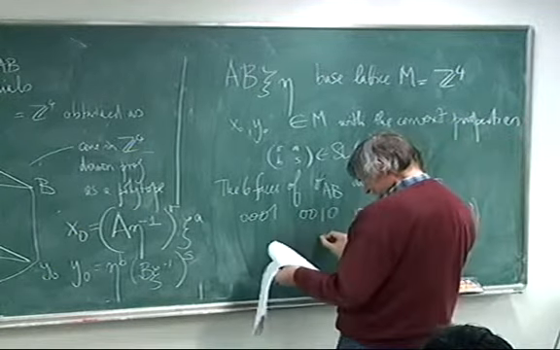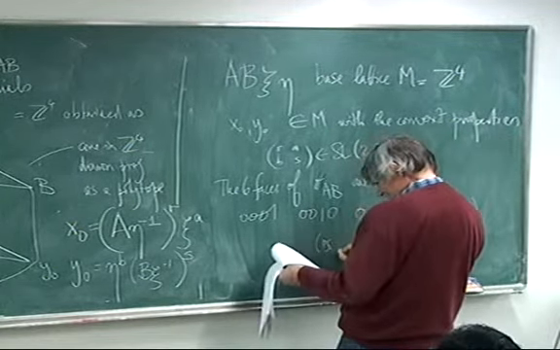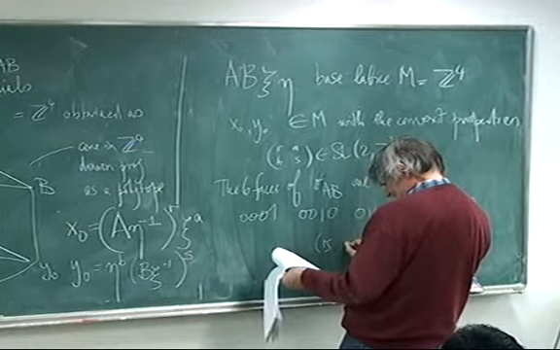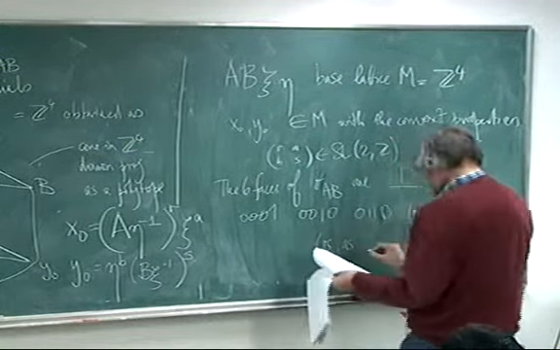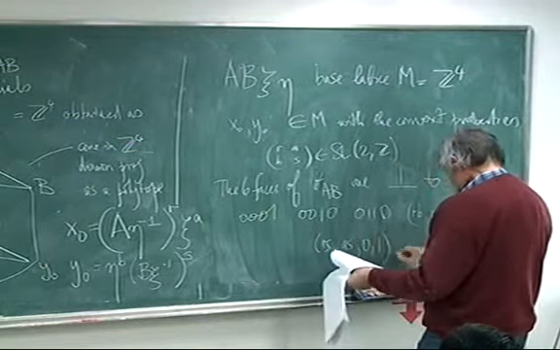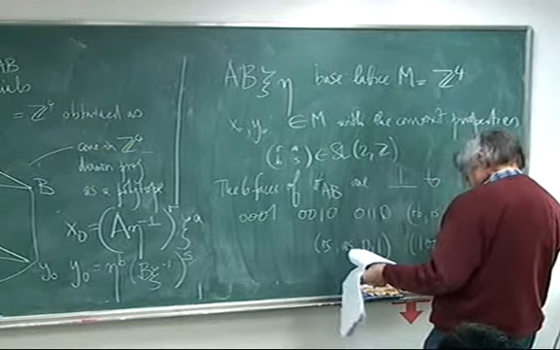Just one or two of these are a little bit complicated, and RS, AS, 0, 1, and 1, 0, 0, 1.